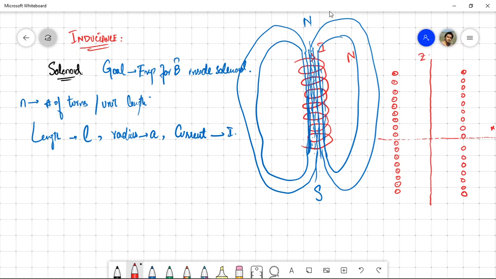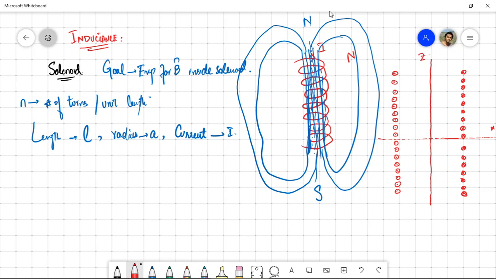And on the other side, they're going into the screen, so here is the cross. The circles are too small, so you might not be able to see the crosses, but you know these are crosses. So the current is going into the screen from this loop.